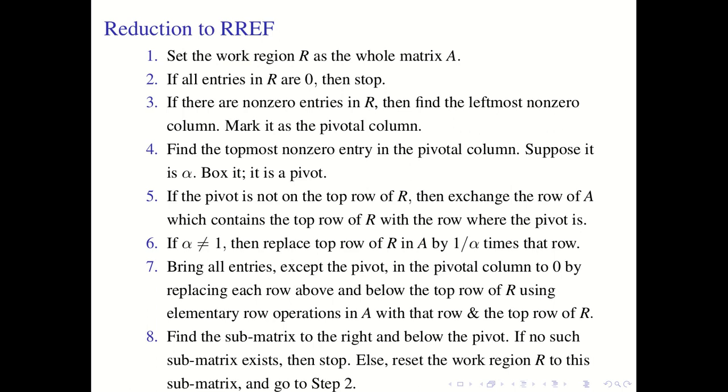Now in that column, find the topmost non-zero entry. In that pivotal column, find the topmost non-zero entry. Suppose it is alpha, then that's a pivot. Draw a box around it. Now if the pivot is not on the top row, then do an exchange with the top row of matrix A and bring the pivot to the top row.